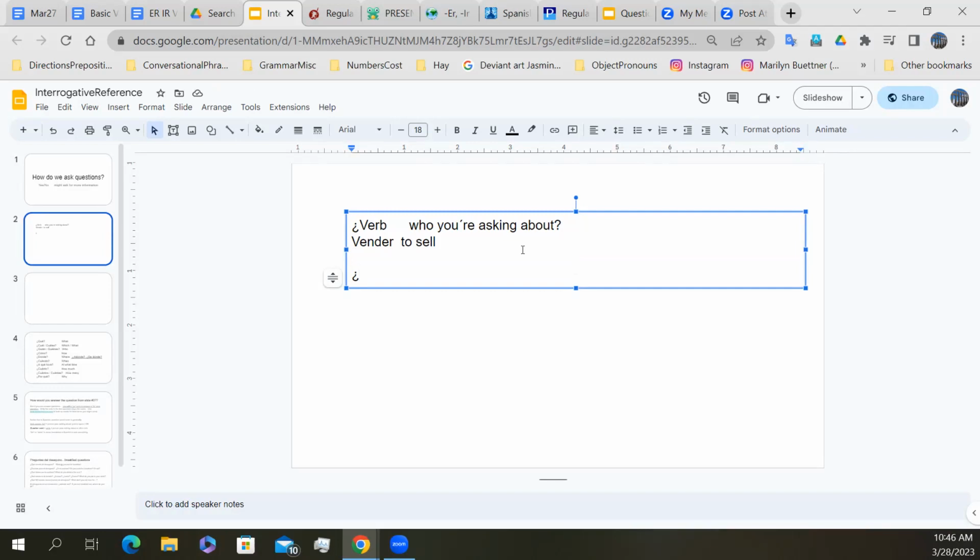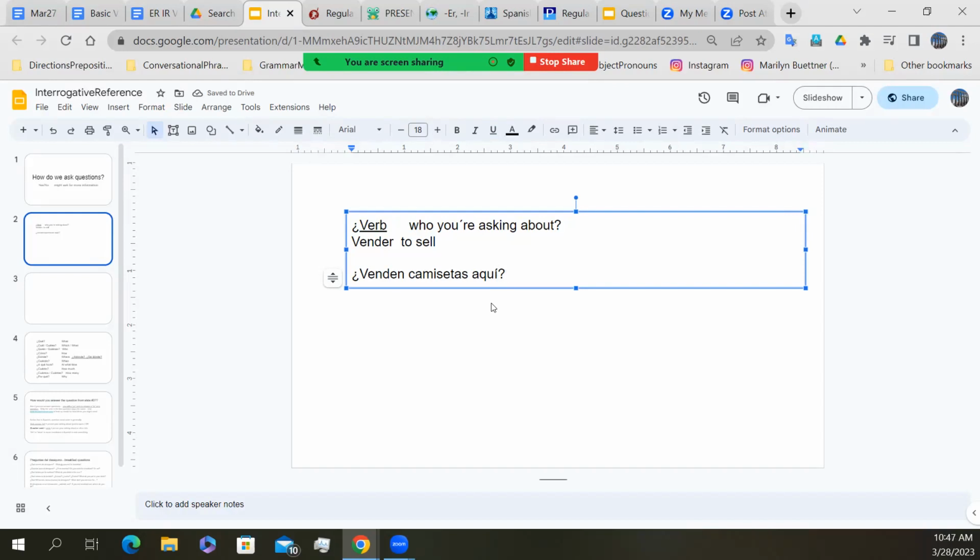And you want to ask, oh, do they sell t-shirts here? And that's a yes/no question. So that means the verb is going to come first. And so we need to take vender and put it into like an ellos kind of ending here. Venden camisetas aquí.